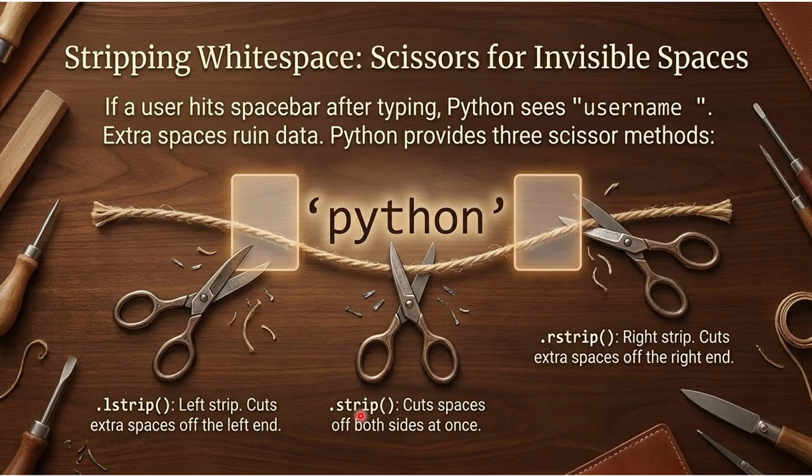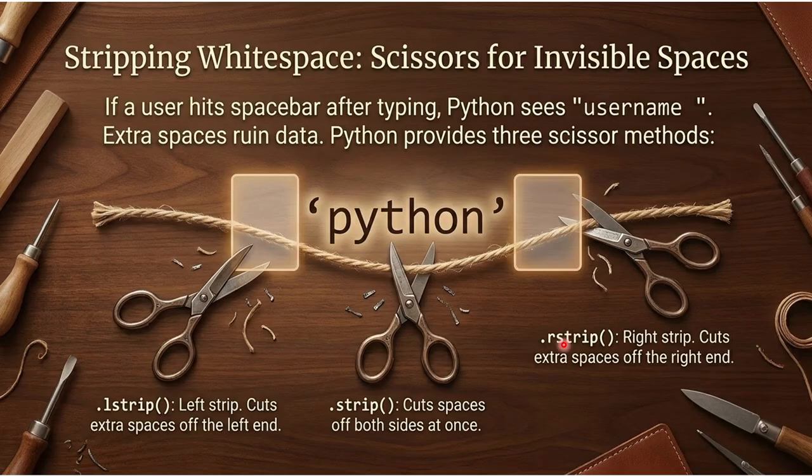Then you have strip, which cuts the spaces off both sides at once. It will remove all the spaces from the left side and the right side. But if you have any space in between the words, it will keep those spaces; it won't remove the spaces between the words.